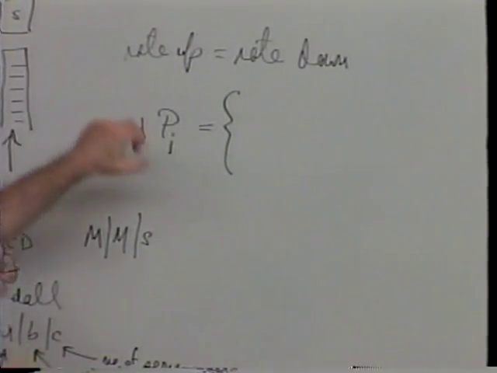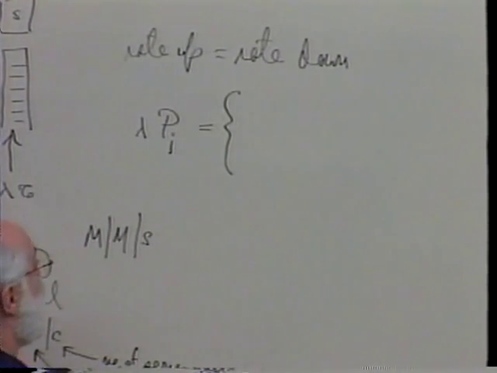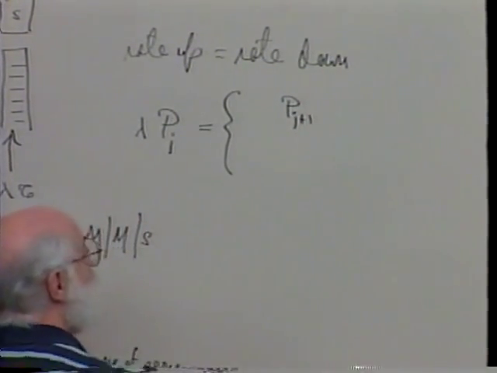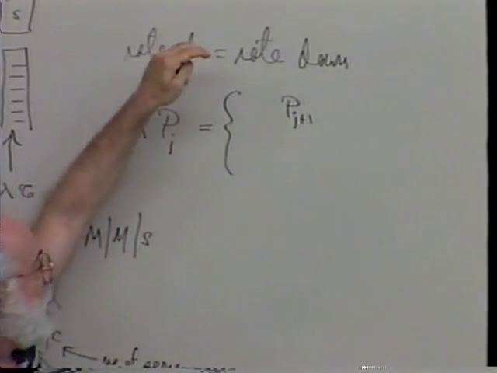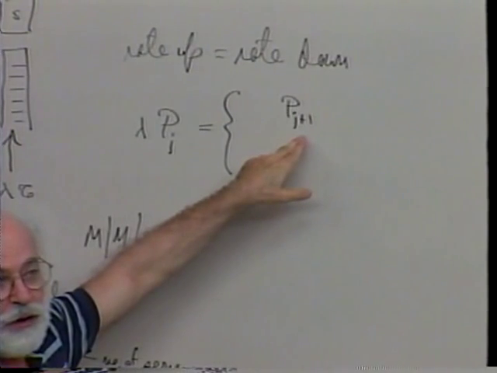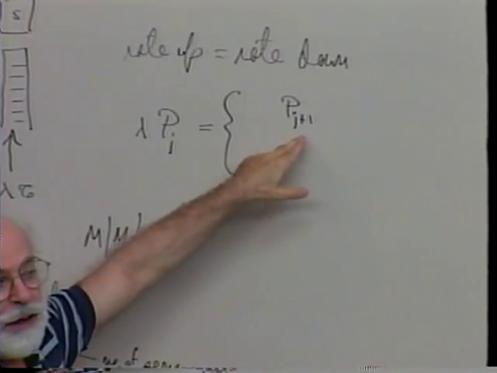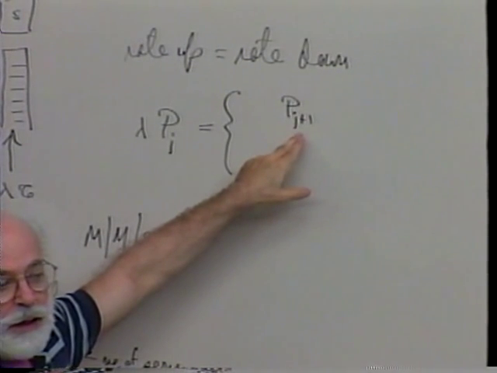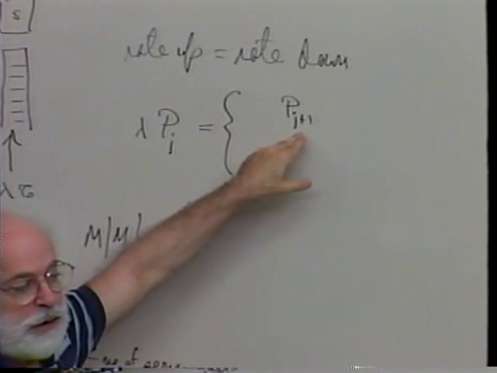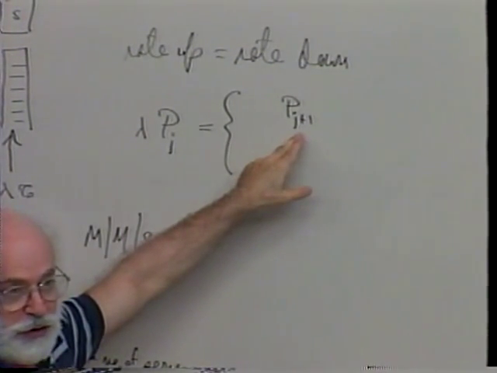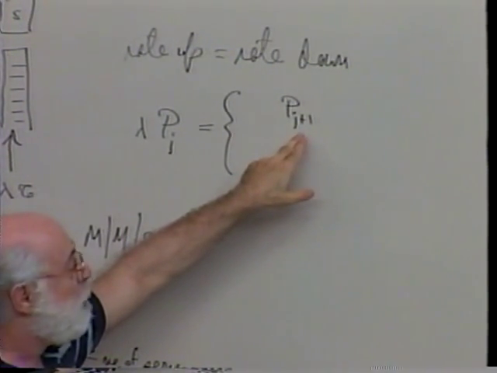If the state j plus 1 in this case, if j plus 1 is less, let me put it this way. If the state of the system is such that there is no one waiting in the queue, then everybody present is being served.